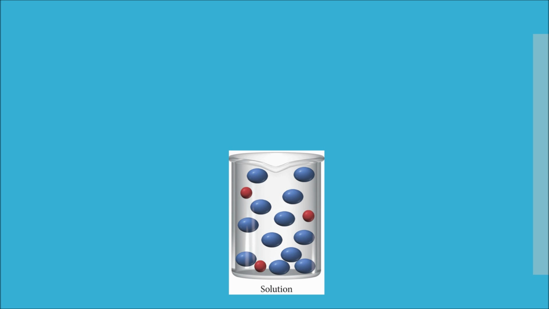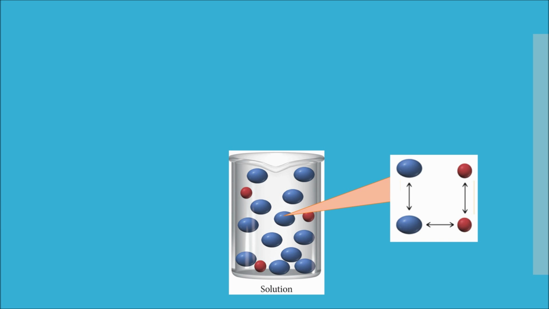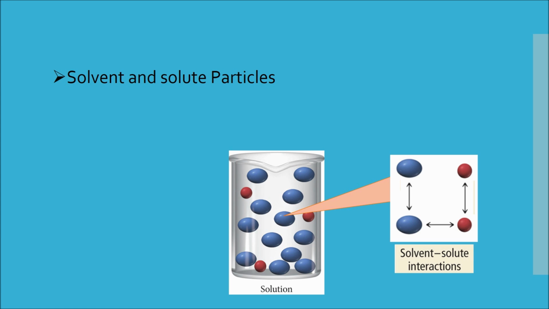Now imagine a solution which contains both solute and solvent. Here we are talking about the solvent particles in blue and the solute particles in red. There are lots of interactions going on here.